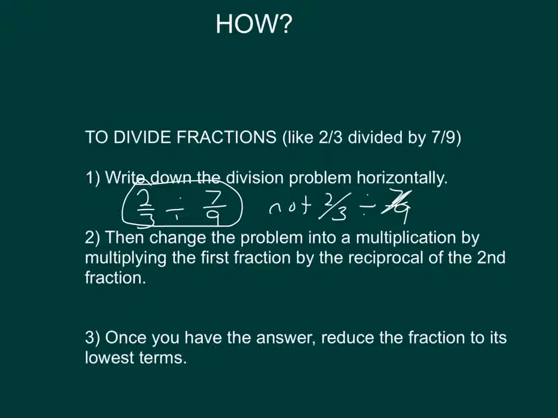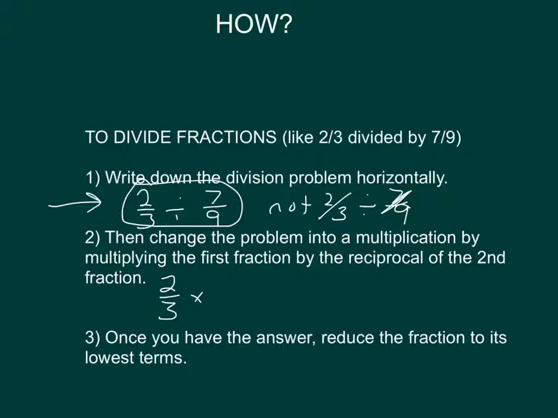Step number 2, you're going to rewrite the problem and change it into a multiplication problem by multiplying the first fraction by the reciprocal of the second fraction. So what that means is I'm going to take my original problem and I'm going to write it as the first fraction times the reciprocal of the second fraction.